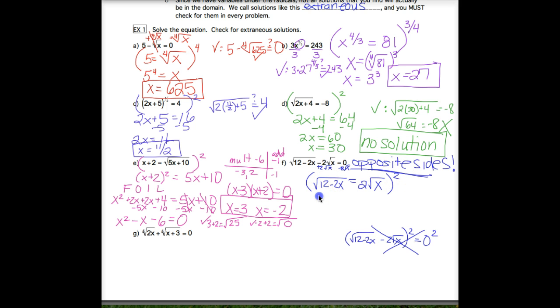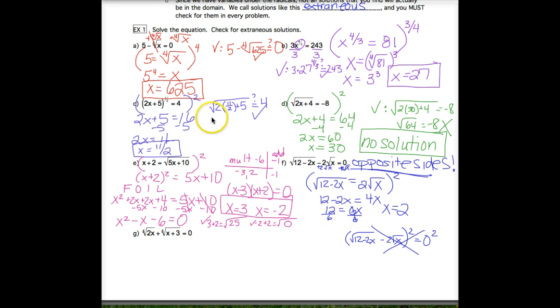So when I square this, radical drops out. On the right side, remember you have to square both parts, not just the radical. So 2 squared is 4. Radical x squared is just x. So now I've got 12 minus 2x equals 4x. Again, that one's very easy to solve. Add the 2x to the other side, so 12 equals 6x. Divide by 6, and x is 2.